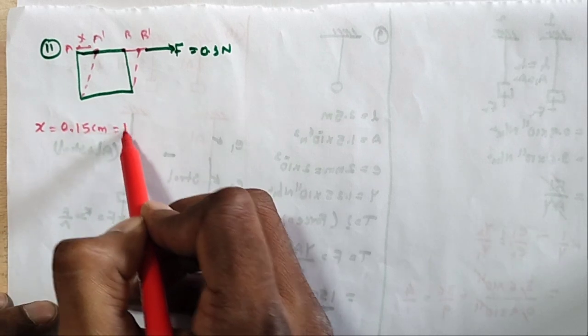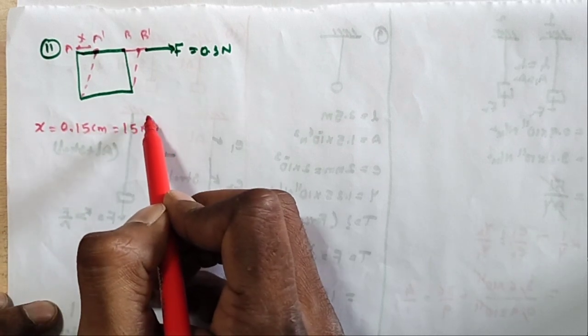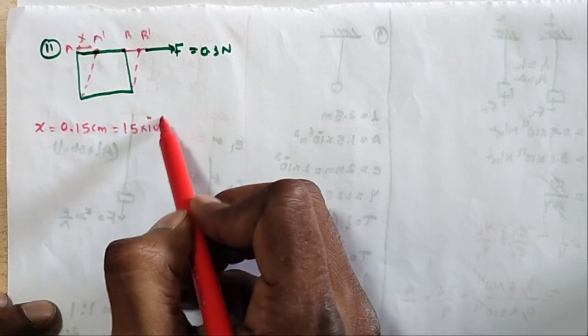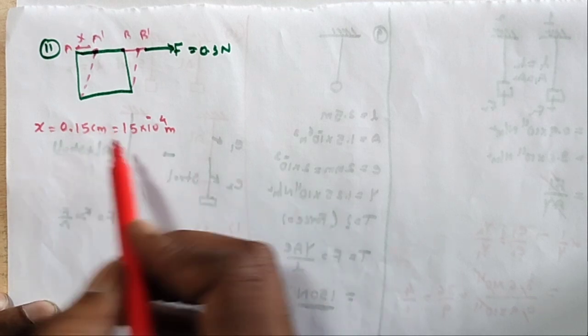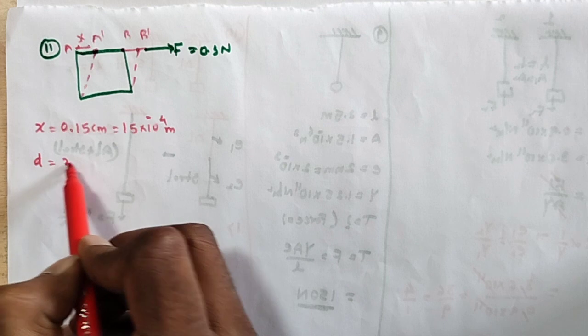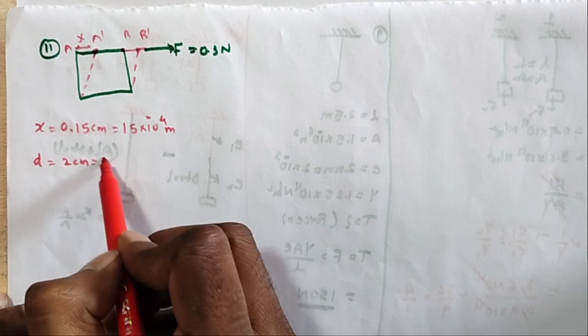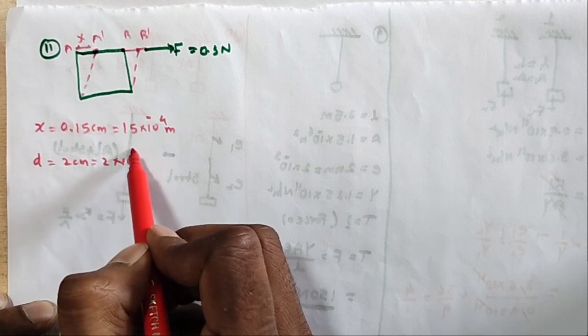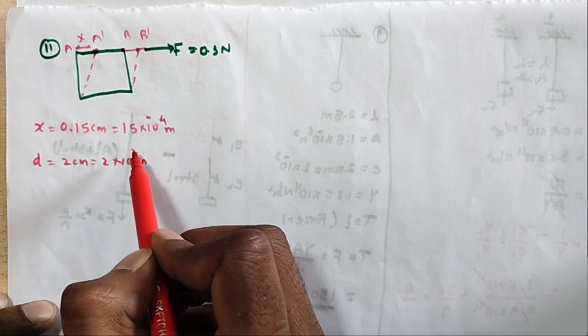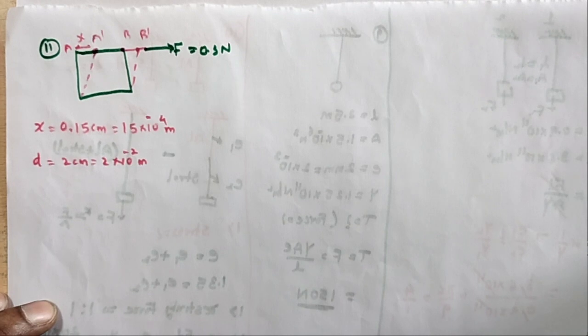That is 15 into 10 power minus 4 meters, taking directly. And D is equal to 2 centimeter, that is 2 into 10 power minus 2.